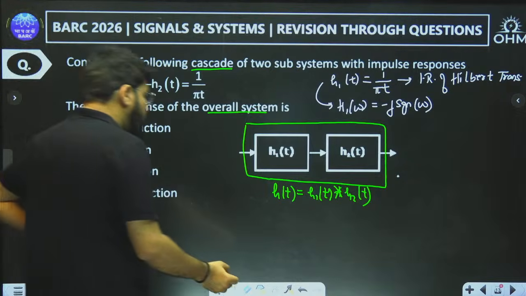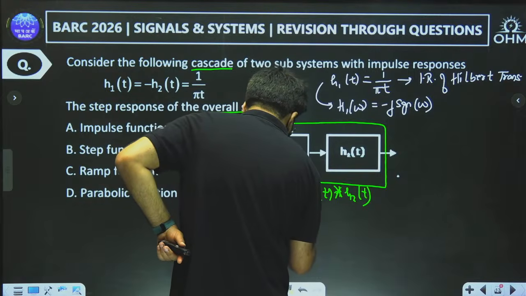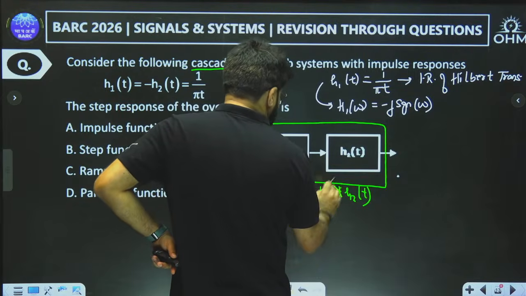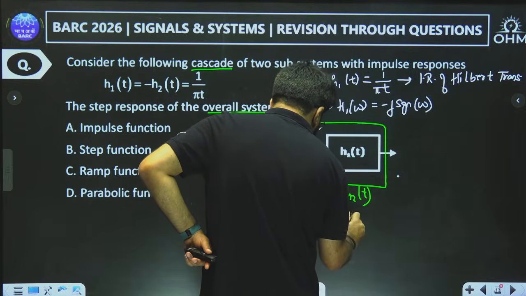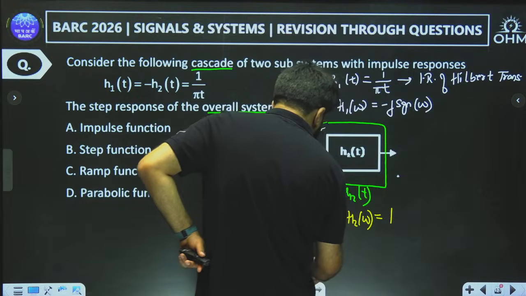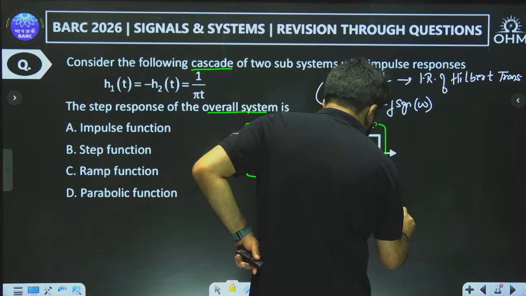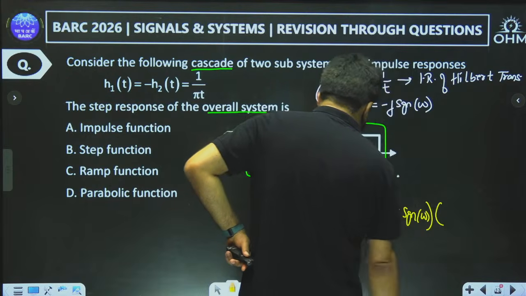Now, what is going to be the H of omega? Two systems are cascaded, impulse responses convolved, so frequency responses will be multiplied: H1 omega into H2 omega. What is H1 omega? Minus j signum omega multiplied by H2 omega.